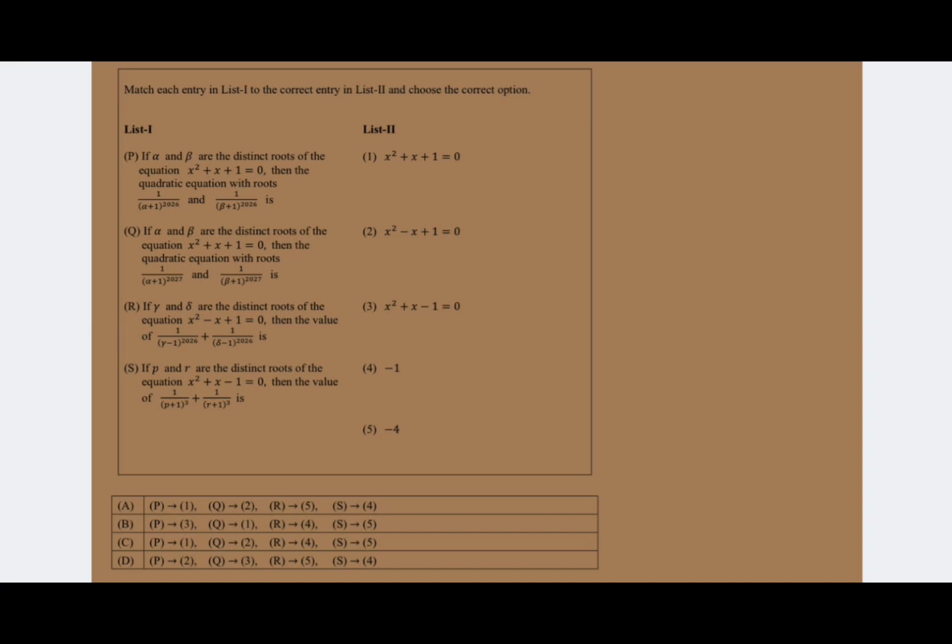So let's start. First let's start with P. In P we are given this quadratic equation and alpha and beta are its roots. So we know from the identities that alpha plus beta is -1 and alpha beta is 1.